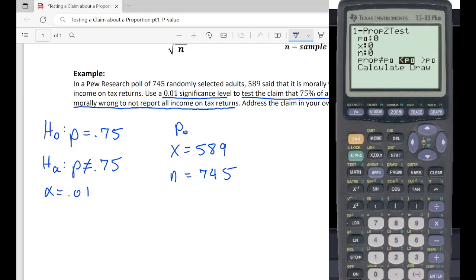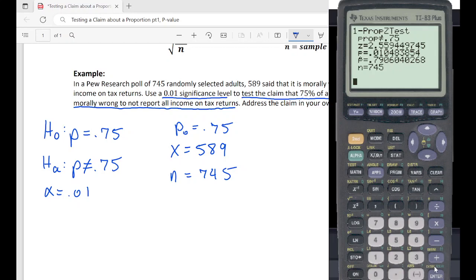So our p naught is going to be 0.75. x is going to be 589. n is going to be 745. And the alternative, what we have from the beginning, is not equal to. So select not equal to, and that's it. Just hit calculate.